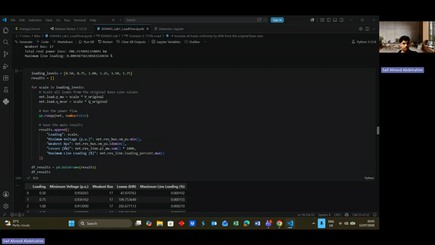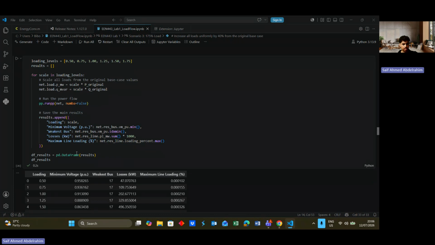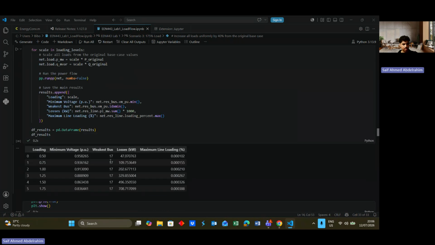As the loading increased, the minimum voltage decreased, feeder losses increased, maximum line loading increased, and bus 17 remained the weakest bus for uniform load growth. For example, at 100% loading, the minimum voltage was, as you can see here, 0.913, and at 125% was 0.88, and at 150% it was 0.86, and at 175% it was 0.83.